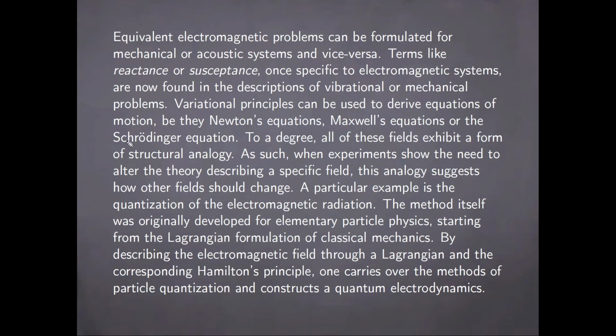So for example the Schrödinger equation for the bound states of a hydrogen atom produces a quantized spectrum, but assuming that the electromagnetic field within the atom is described in terms of a classical potential.